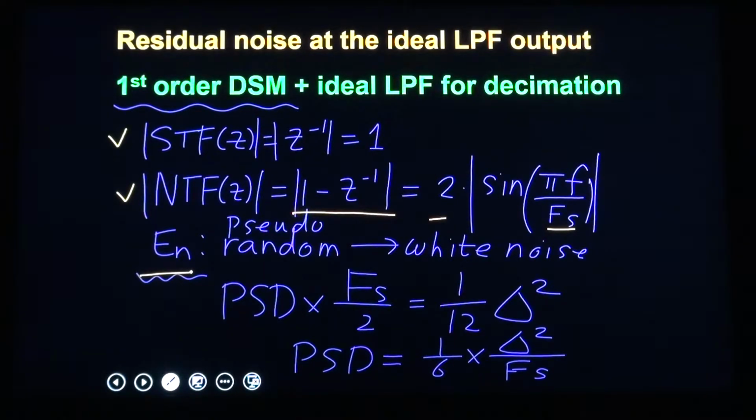So it's white noise in the frequency domain. The power spectral density is constant with frequency. So this constant power spectral density times half the sampling frequency will be 1/12 delta squared. Delta is the peak-to-peak value of the quantization noise. So the power spectral density is 1/6 times delta squared over fs.